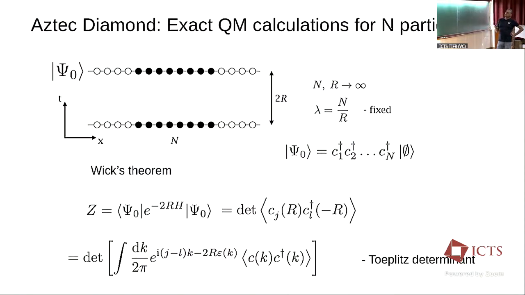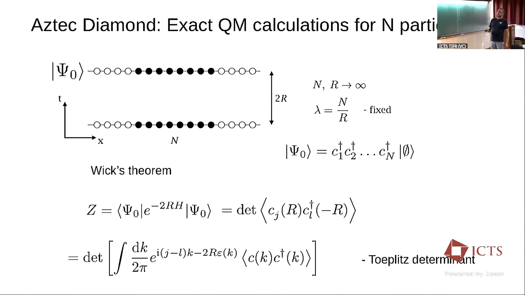Let's take again the state for the Arctic Aztec diamond, but now, instead of filling all the right-hand side with particles, I will take only a finite interval, because I can't do the calculations for an infinite number of fermions. Some people can, I don't. I will take the number to be n, so we introduce another parameter in the problem, and represent this quantum mechanical state in the standard way of fermionic operators acting on the vacuum.